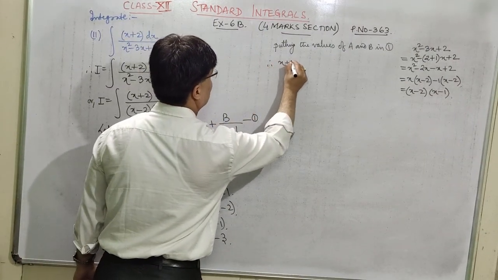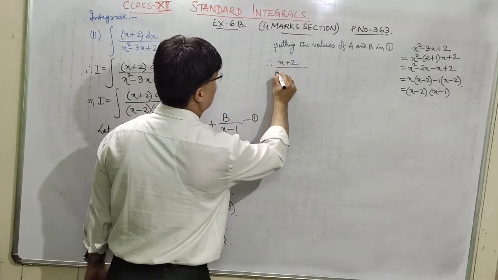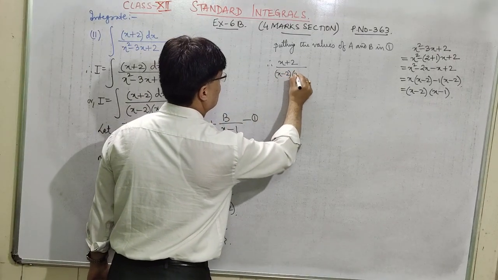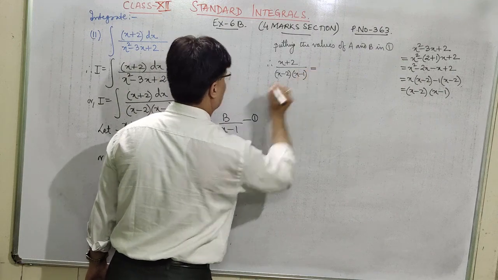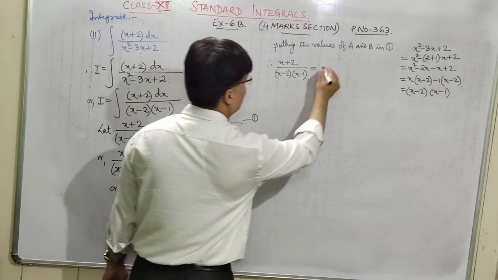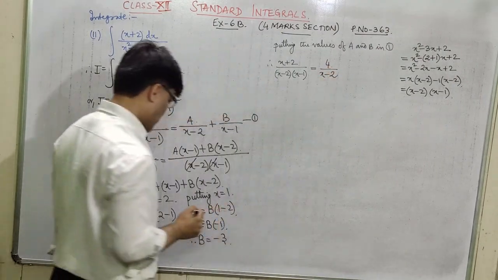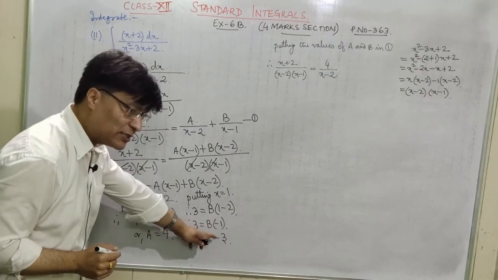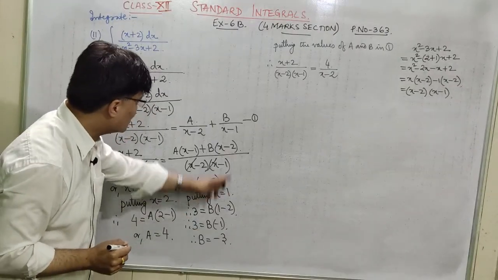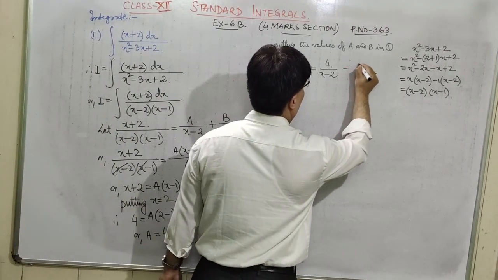Therefore (x plus 2) upon (x minus 2)(x minus 1) is equal to 4 upon x minus 2, plus into minus is minus, 3 upon x minus 1.